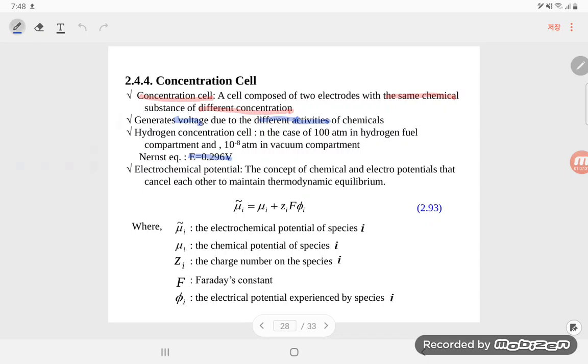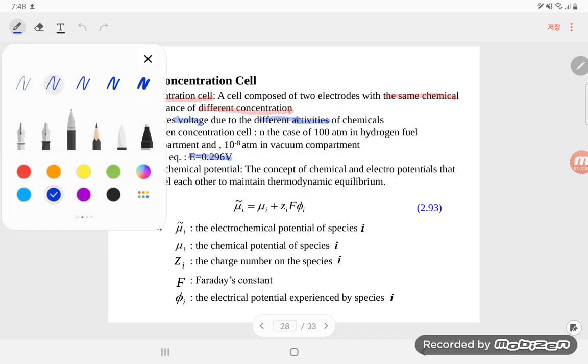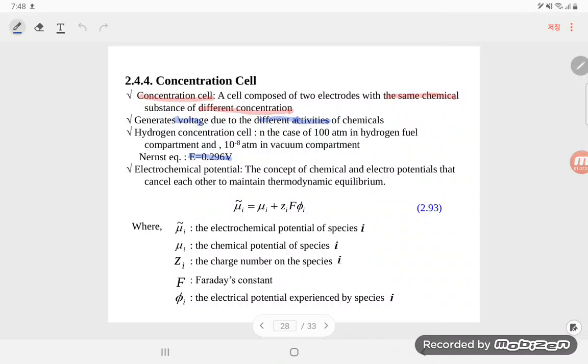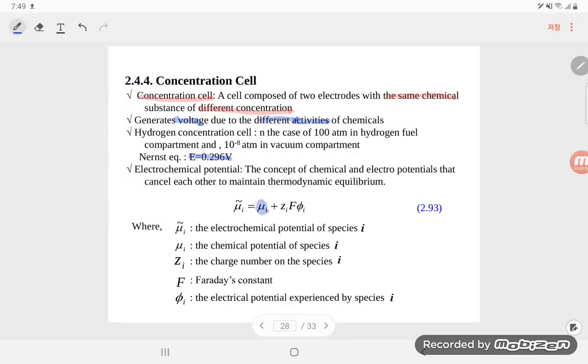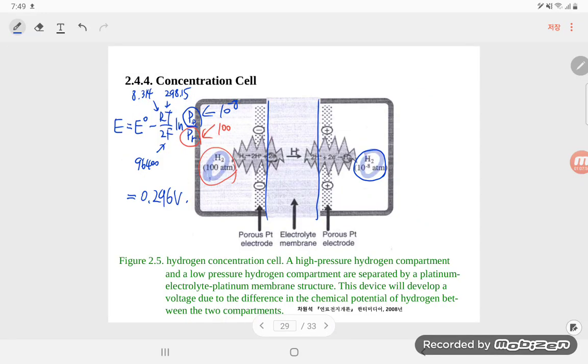And then we have the electrochemical potential. Until now we talked about the chemical potential, but from now on we consider the electrochemical potential. Mu i is the chemical potential between them, right?